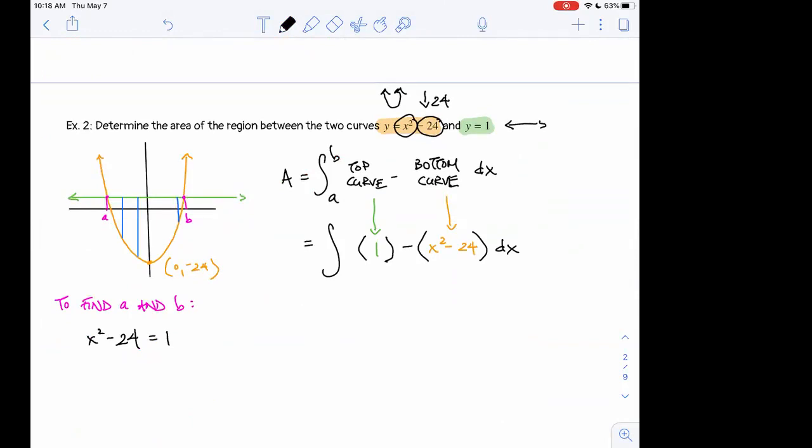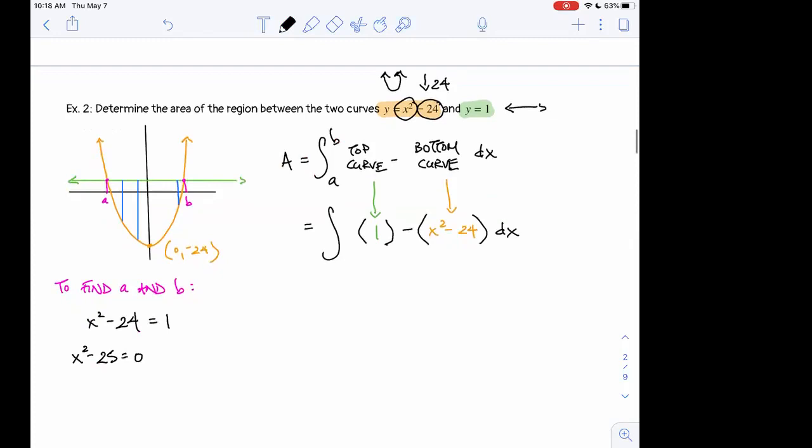There are probably at least 2 different ways that we could solve this one, and let's see how they both work. Okay. So in one way, I'm going to follow what I did in the previous problem, which is move everything to one side, set it equal to 0. So that would be x squared minus 25 equals 0.